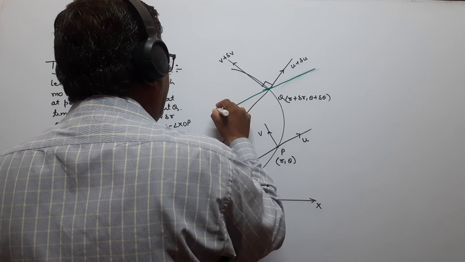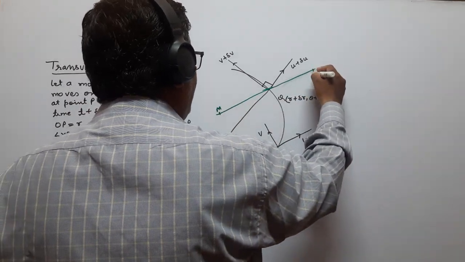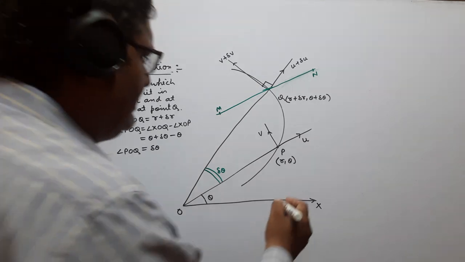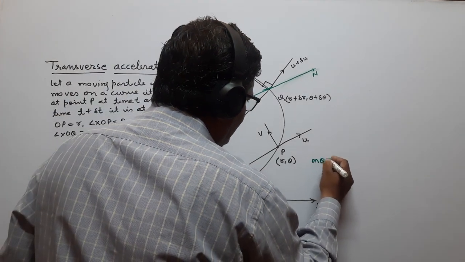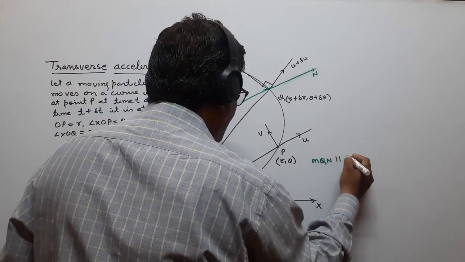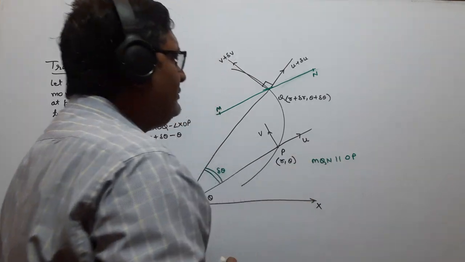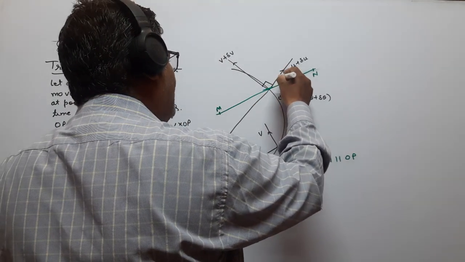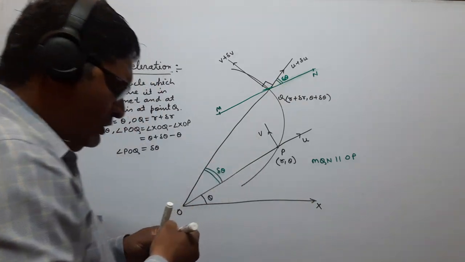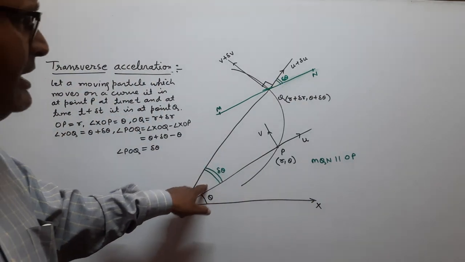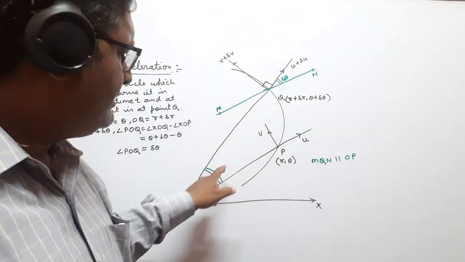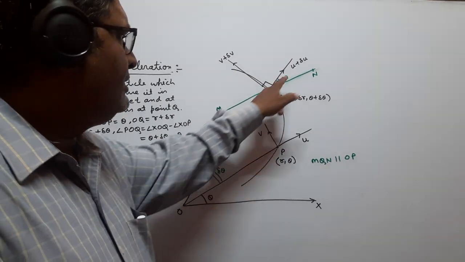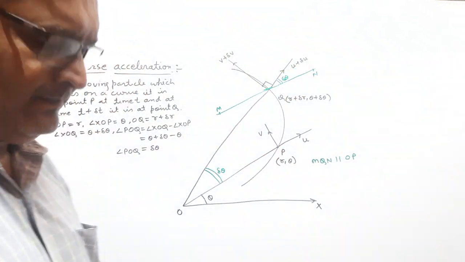Suppose this is M and this is N point, so MQN is the line. Draw MQN parallel to OP. We know that this angle is also del theta because this del theta and this angle are corresponding angles.